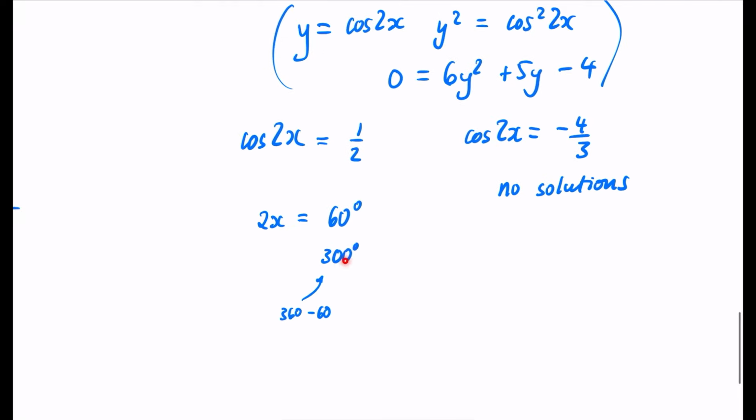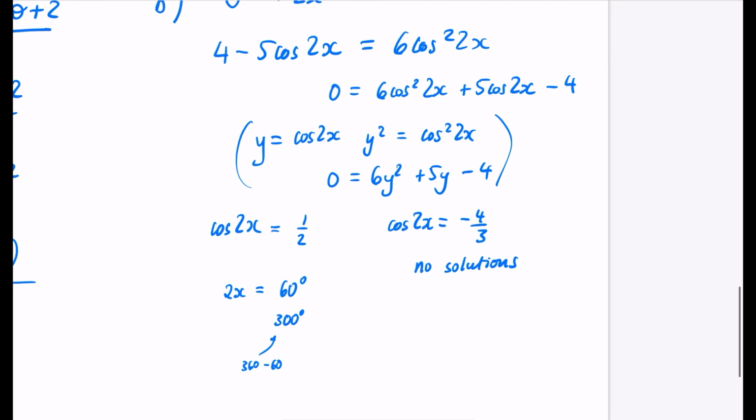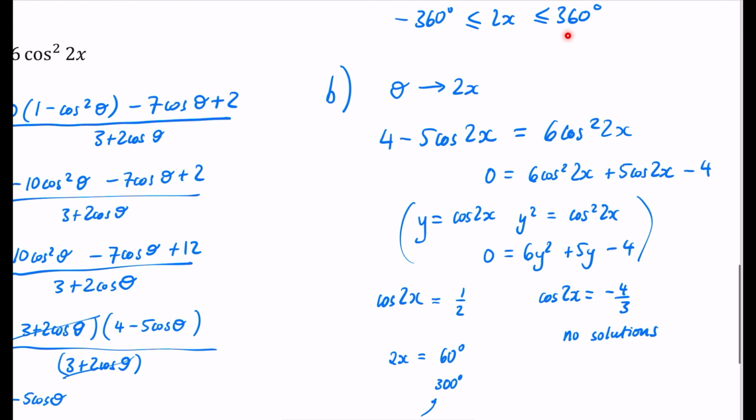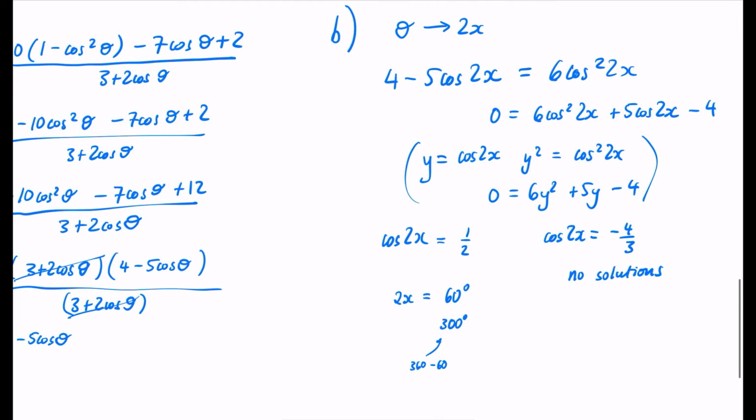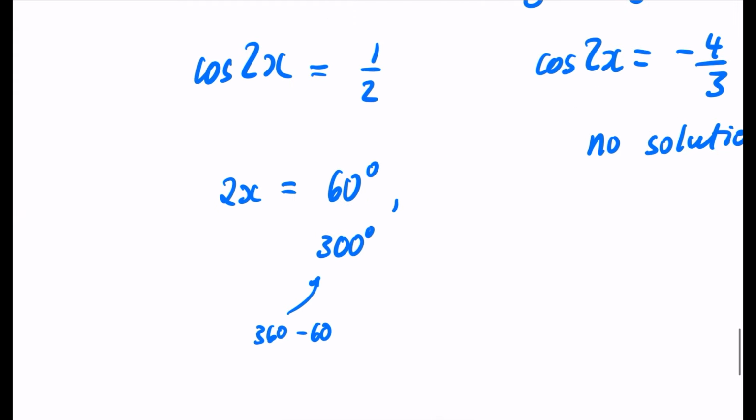And then we can plus or minus 360 from these answers so that it goes inside this range. Well, there's no point in adding 360 to either of these answers because they are just going to go beyond that 360. But I will take away 360 from these. So 60 take away 360 is minus 300, and 300 take away 360 is minus 60 degrees.